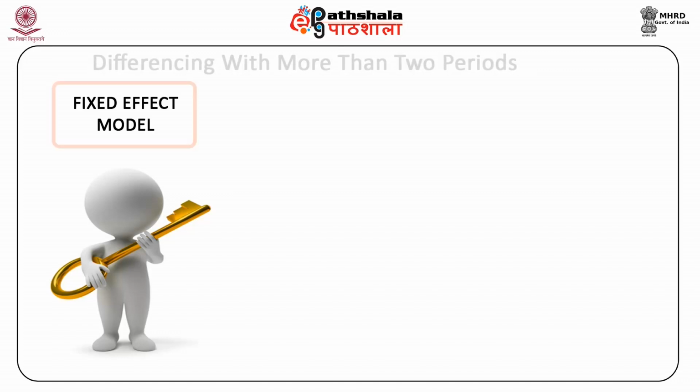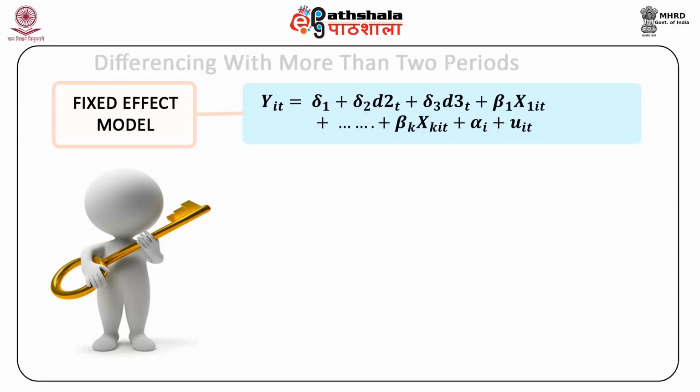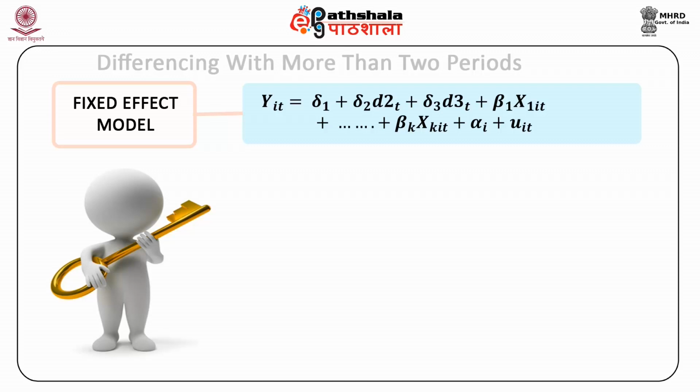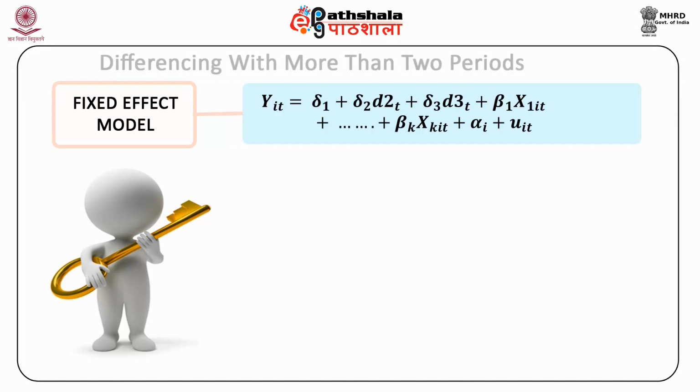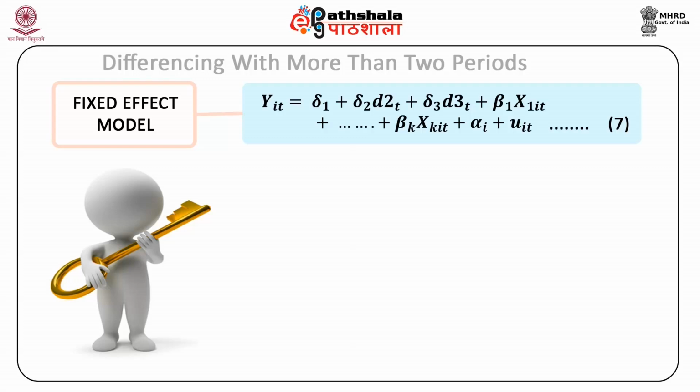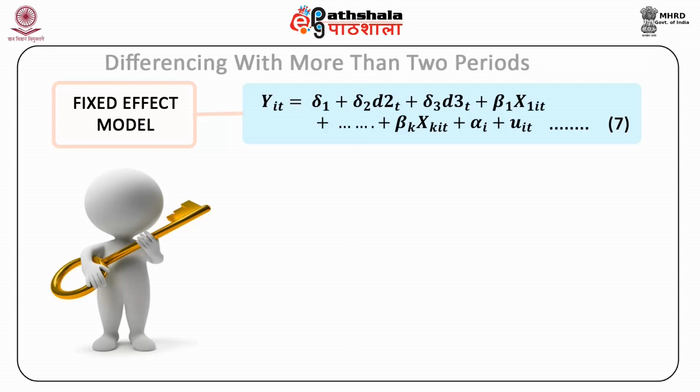A general fixed effect model in that case can be written as y_it equal to delta 1 plus delta 2 d2_t plus delta 3 d3_t plus beta 1 x_1it plus so on up to beta k x_kit plus alpha i plus u_it. This is our equation 7, for time period t equal to 1, 2 and 3. Since there are n individuals and 3 time periods, the total number of observations is 3n.